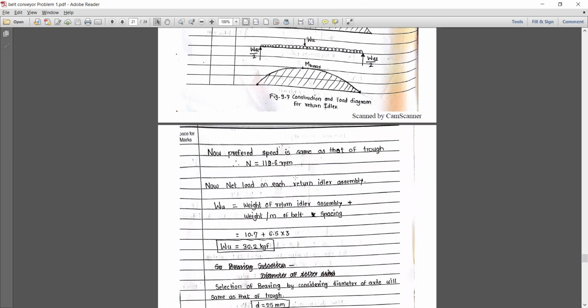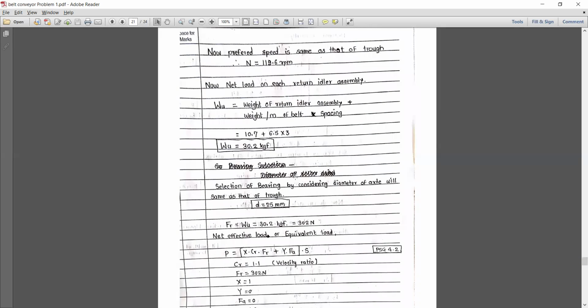Now the speed is the same as that of the troughing and is equal to 109.6 rpm, and the net load on each return assembly, which is considered as the weight on the return idler assembly plus the weight per meter of the belt into the spacing. The spacing has now increased to 3, previously it was 1.5.